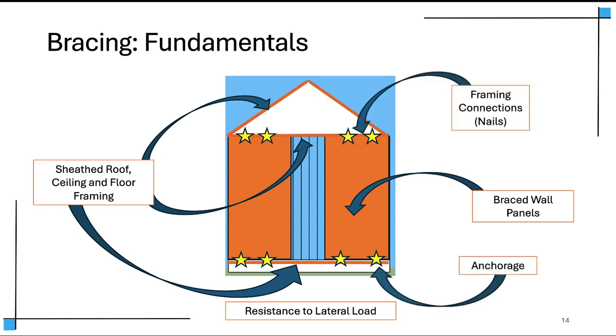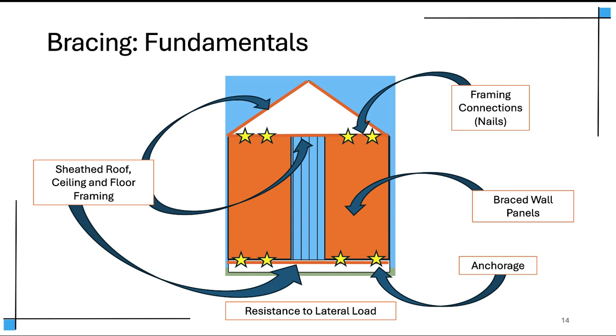Finally, we have the connections between the horizontal and vertical bracing elements. At the top there, between the braced wall panel and the ceiling and roof framing, we typically have framing connections. These are going to be created through nails in Part 9. And at the bottom of the braced wall panel, say for example we're connecting that braced wall panel to a foundation, we're going to connect it with anchorage. That's going to be our anchor bolts.